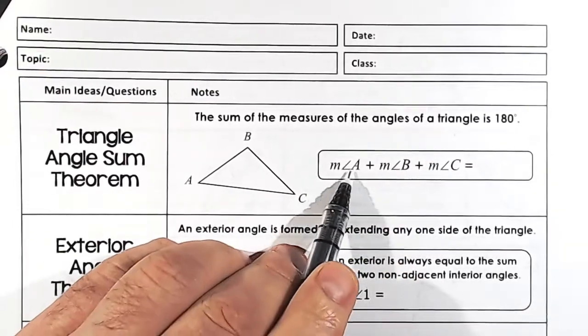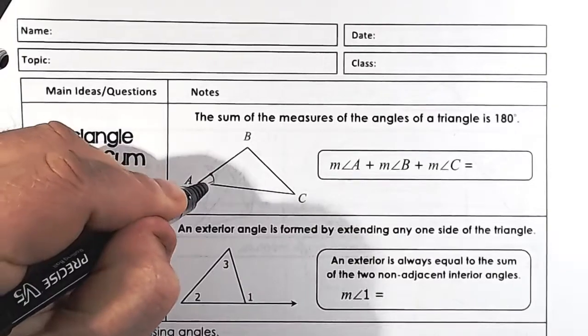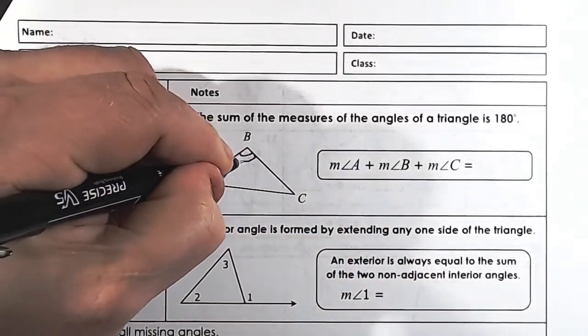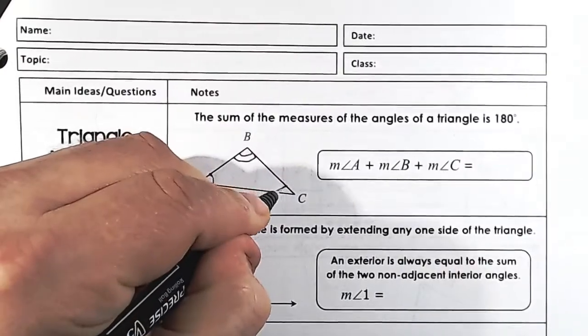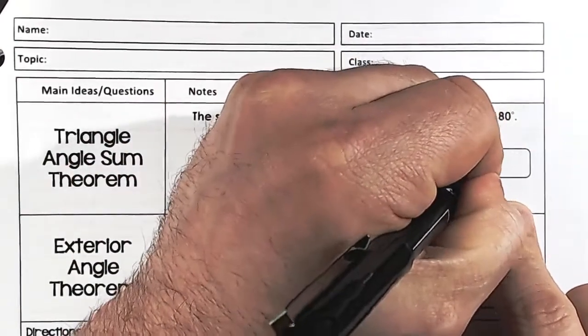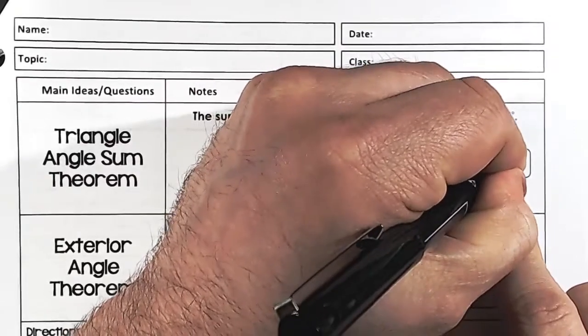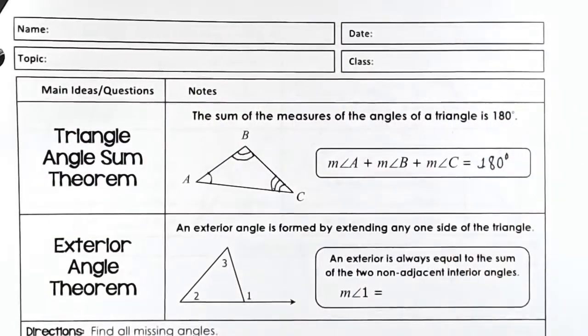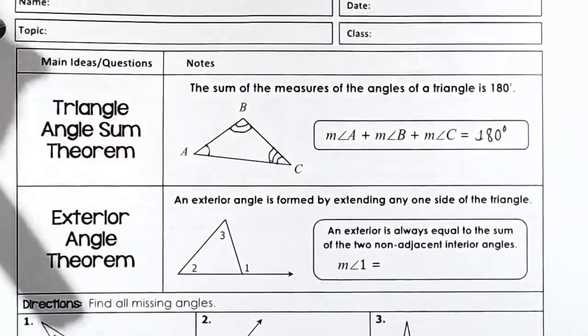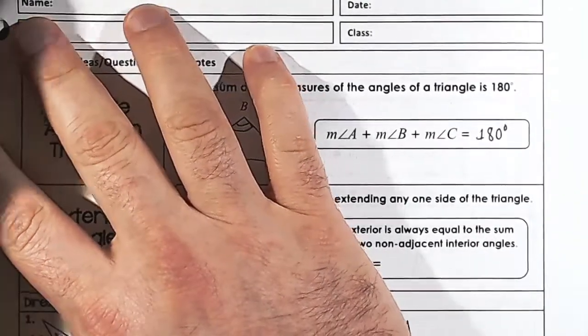So here the measure of angle A plus the measure of angle B plus the measure of angle C all add up to 180. All right, so go ahead and write 180 degrees. Okay, so that's the Triangle Angle Sum Theorem. Pretty straightforward. You already probably knew that.